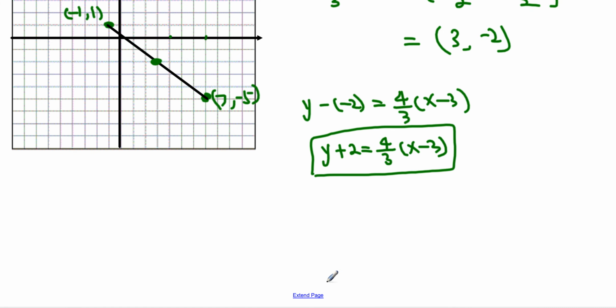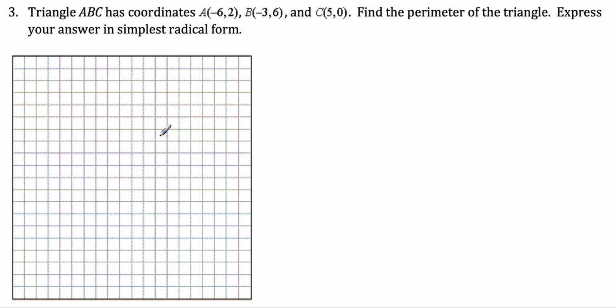Alright, let's look at number 3. A triangle ABC has coordinates such as these. Find the perimeter. Now, when we see the word perimeter, we are talking about the distance, and then we have to add up everything.